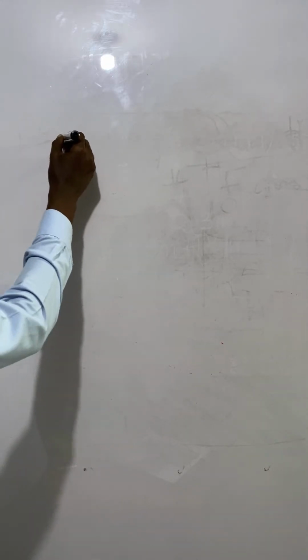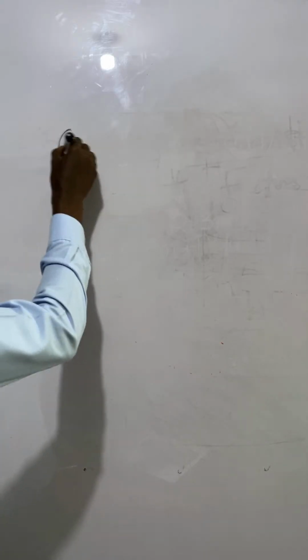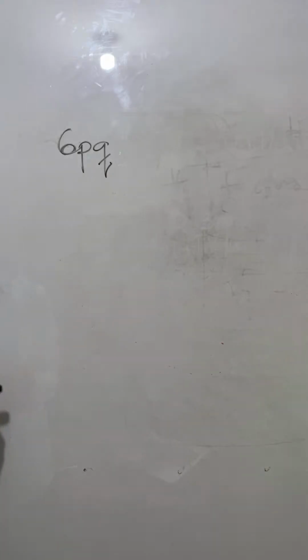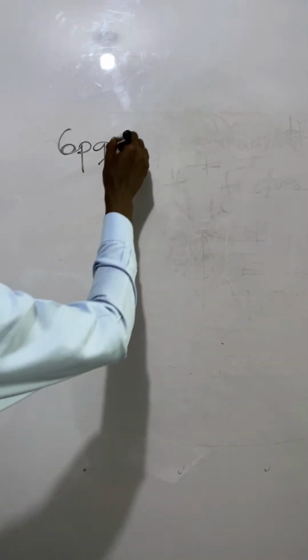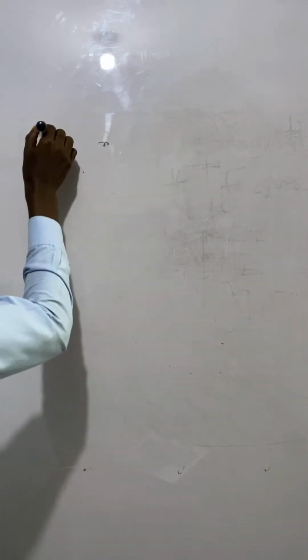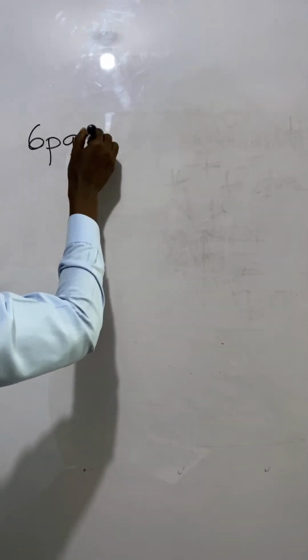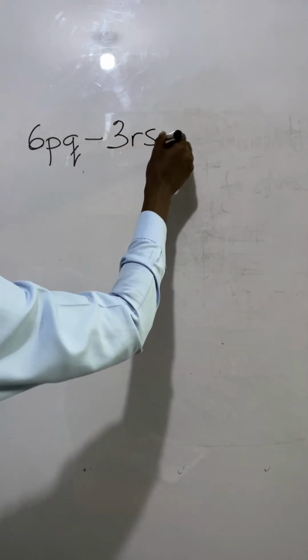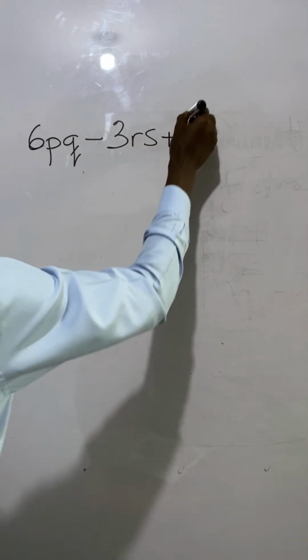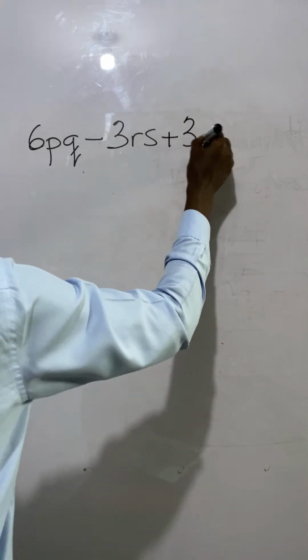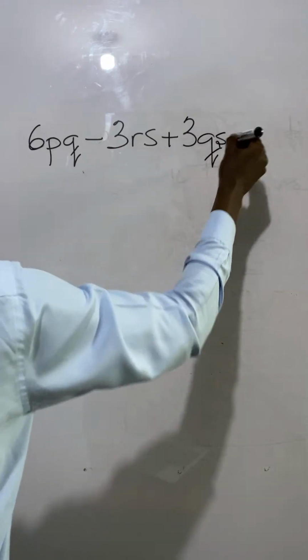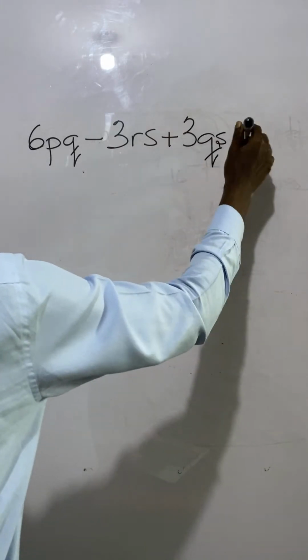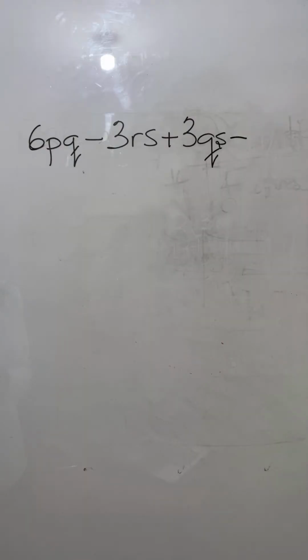We have 6PQ minus 3RS plus 3QS plus or minus 6PR.